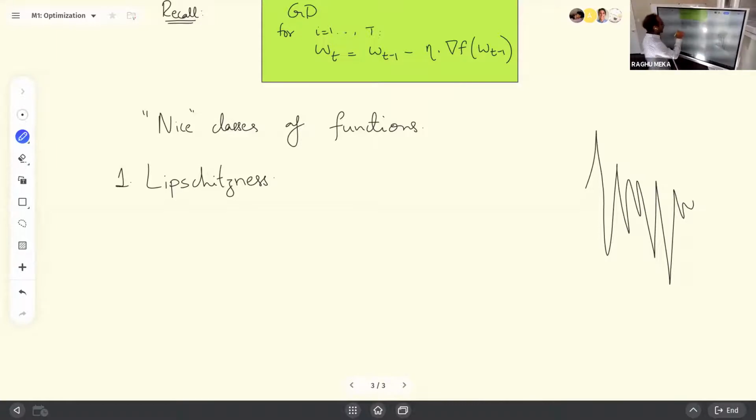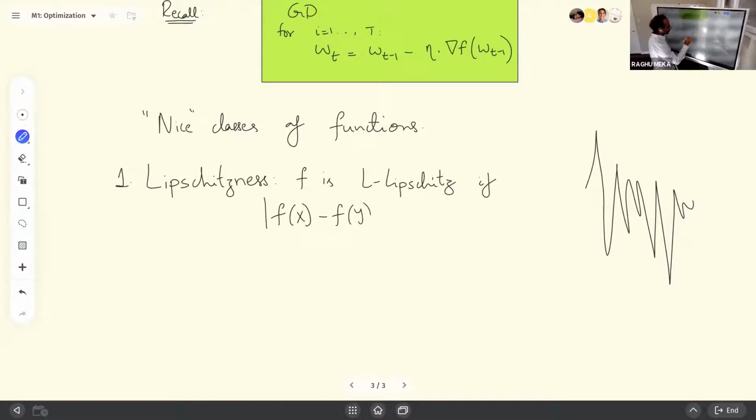The name comes from calculus, but basically it says that f is L-Lipschitz if I take two values x and y, and when x and y are very close to each other, their function values are close to each other.